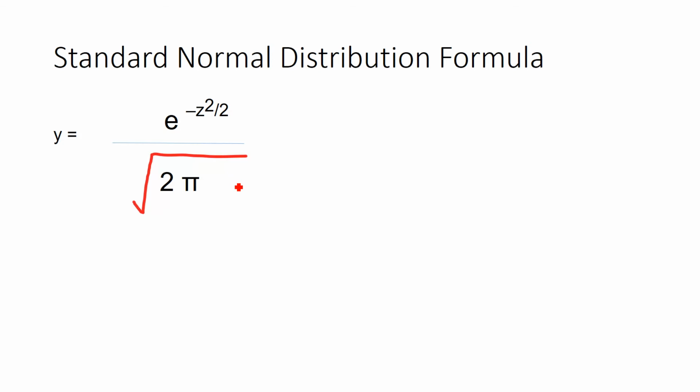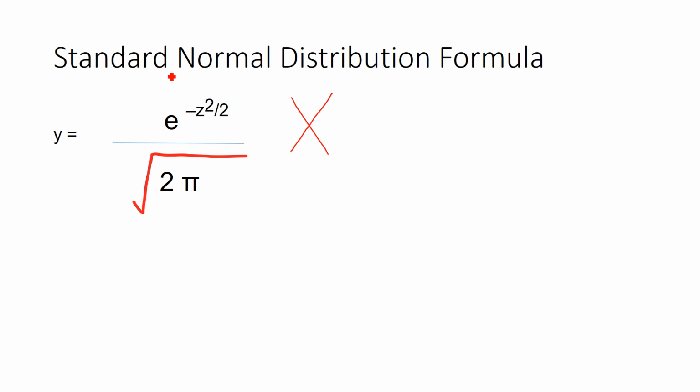Pi is 3.14. So this formula is tedious, it is difficult, right? But you should know that if someone asks you what the formula is to calculate the standard normal distribution, it is this. But here we are not going to use it. Statisticians prefer to use the table or technology to find the standard normal distribution.